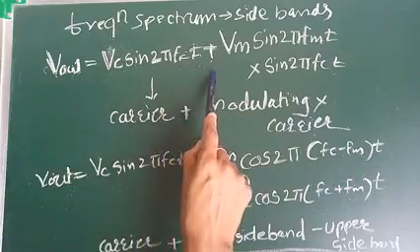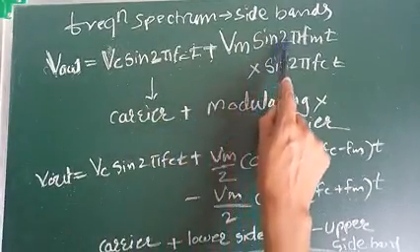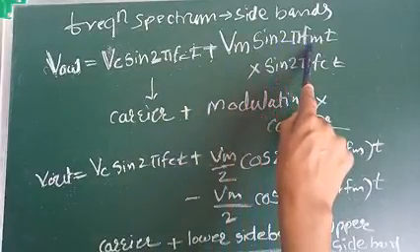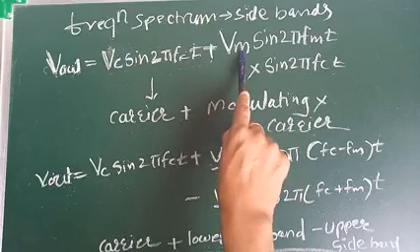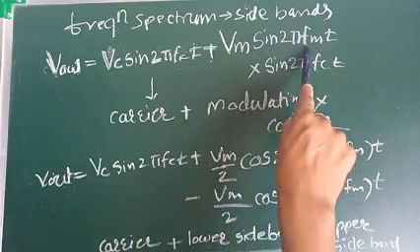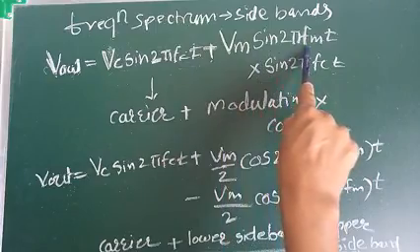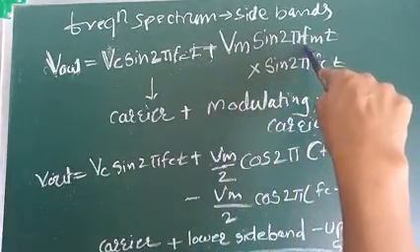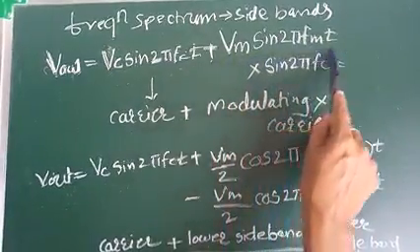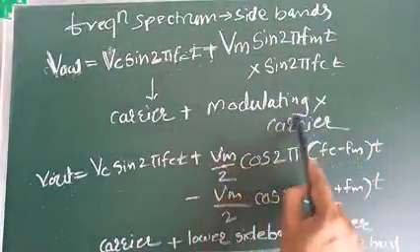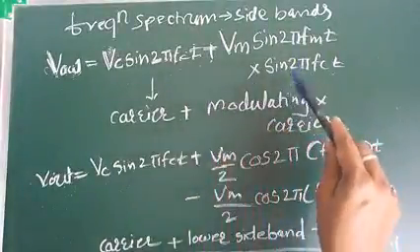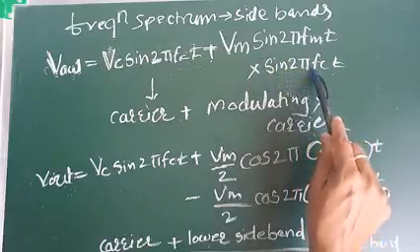Plus Vm into sine 2 pi fmt. Vm means the amplitude of the modulating wave, and fm means the frequency of the modulating wave. So Vm sine 2 pi fmt, this term gives us the modulating wave. Now see sine 2 pi fct.